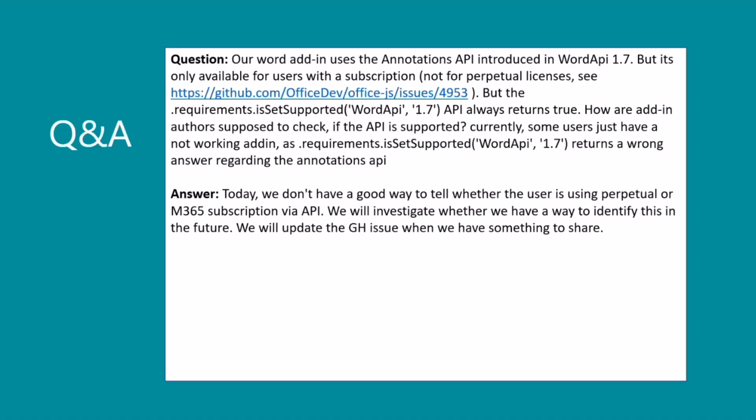But if you want to introduce some better experience on those perpetual clients, our recommendation is that in your add-in, if the annotation card is not able to show, you can choose some alternative experience for the user to ensure that the experience is not broken for them. I mean, to not interrupt the current experience, maybe with some silent failure, just make that not available in those clients. So that's our recommendation at this moment.